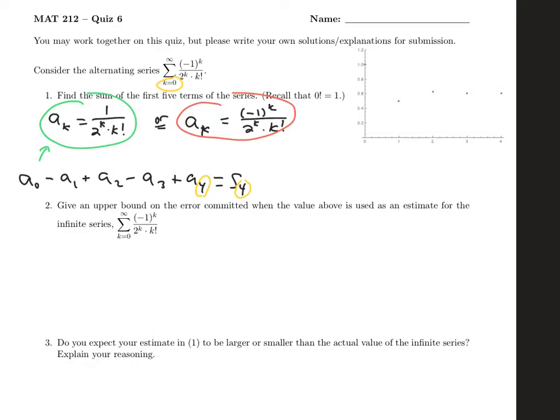The reason that matters is that the theorem for the error bound down here is going to say that the error that you get when you're using the SN estimate is no more than the value of the very next term. And so the very next term from the series would be the A5 term. That would be the very next thing.